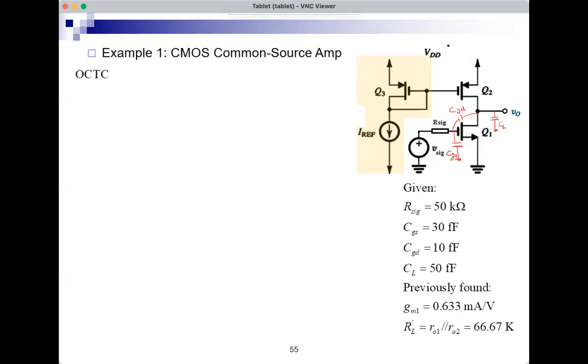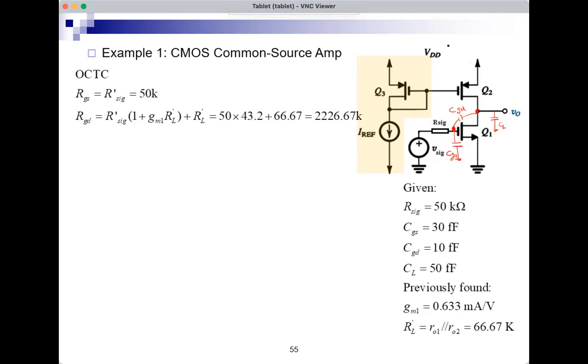But we already derived the expressions previously, so we can just use them. RGS for CGS is R prime sig, which is our sig here, 50K. RGD is this RXY formula that we want to learn how to use regularly. The resistance seen by this capacitor CGD, because it's bridging the input and the output connected this way.